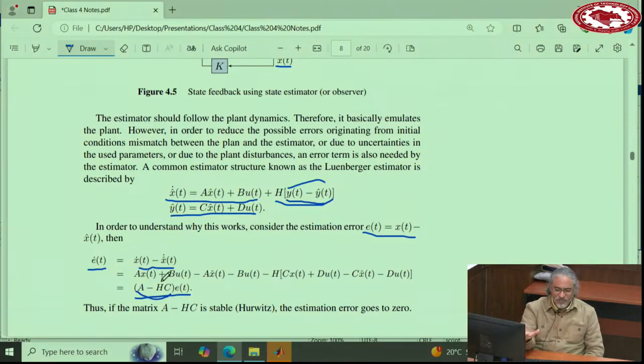So we proved here that this estimator works, because x dot equals Ax. If A is stable, then all the states will go to zero.